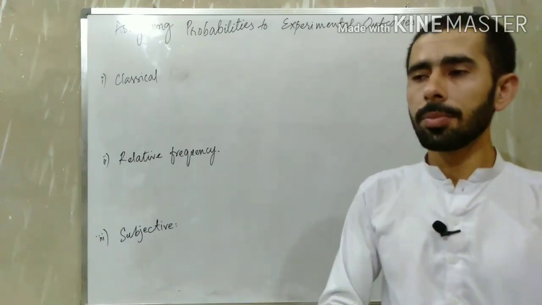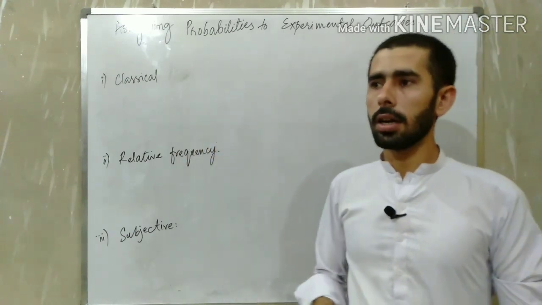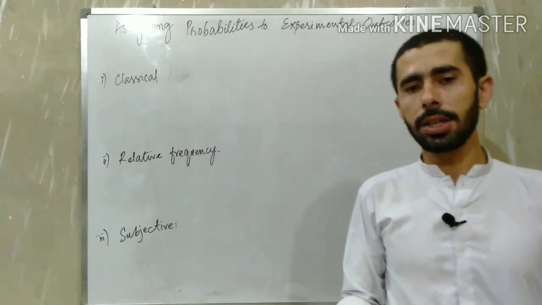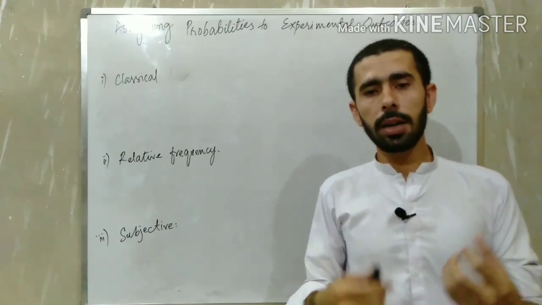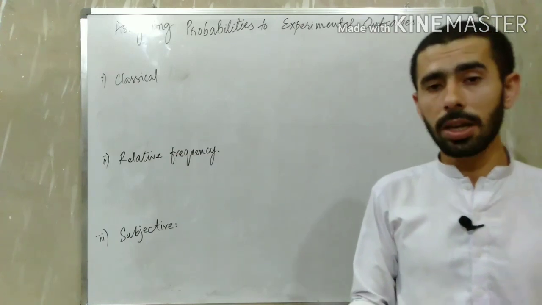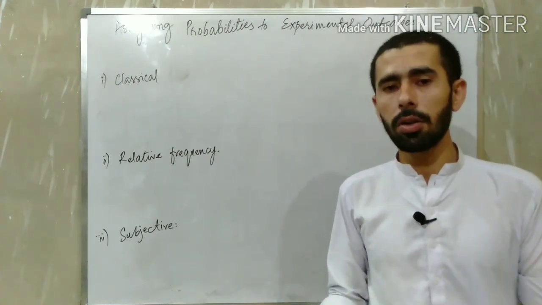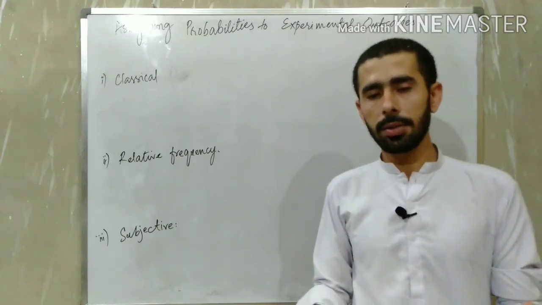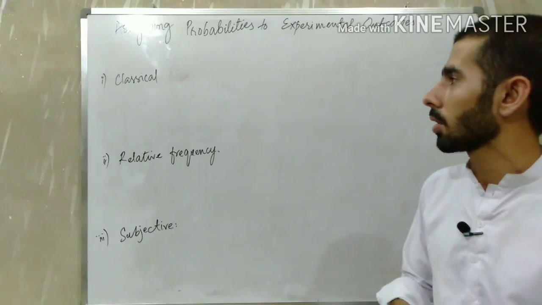Starting with the first one, in the classical approach, we assign probabilities to the possible outcomes with an assumption that whatever the possible outcomes are, the chances of their occurrence are equally likely. That's the biggest assumption that we use in this approach.